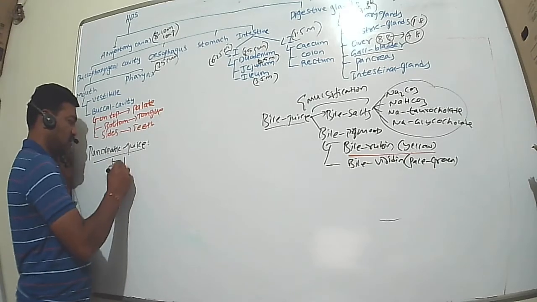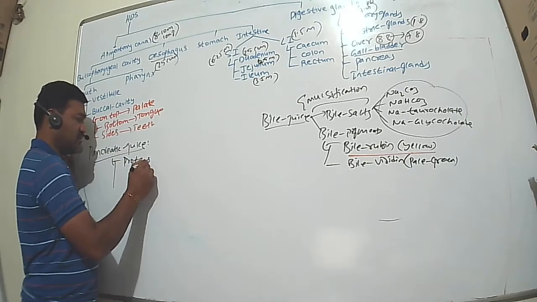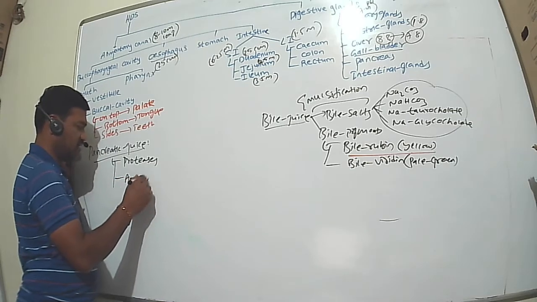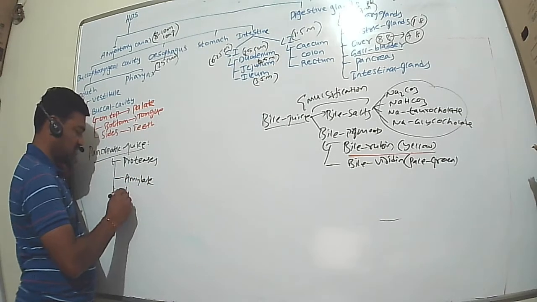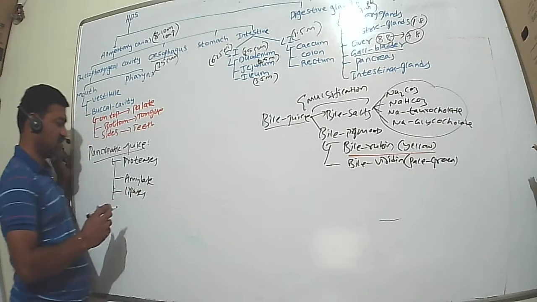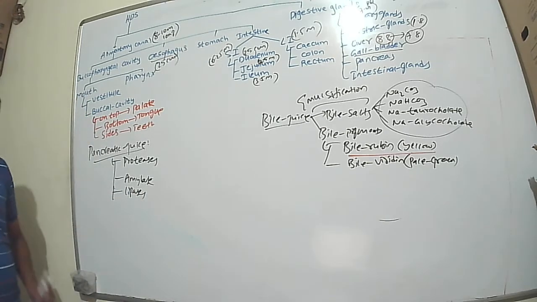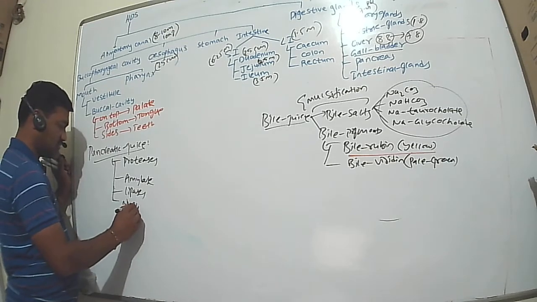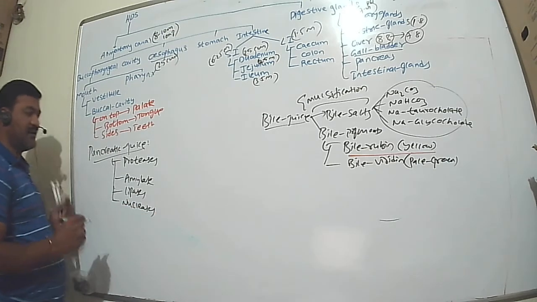It contains proteases which digest the proteins. It has amylases which digest the carbohydrates. It has lipases which digest the lipids. And it also has nucleases. All these are present in the pancreatic juice.